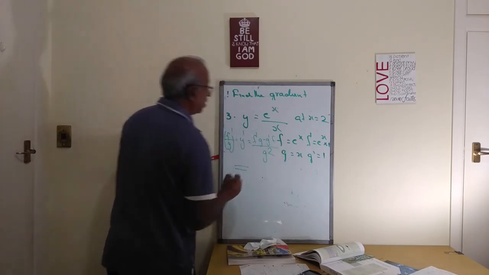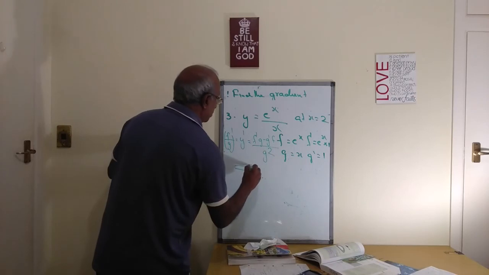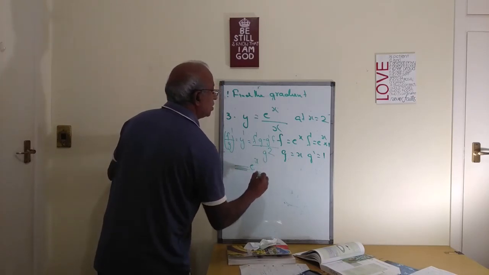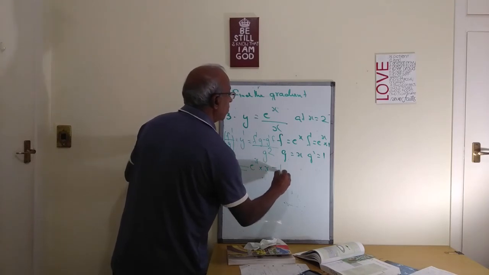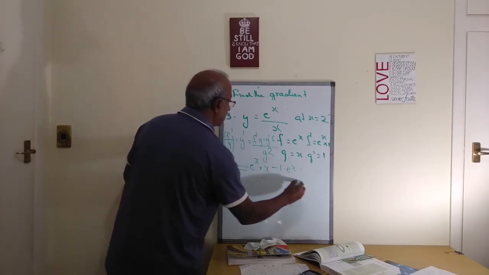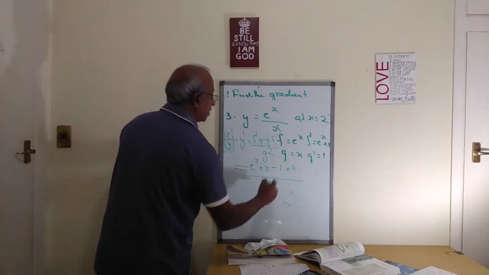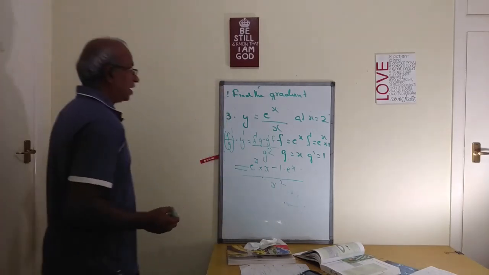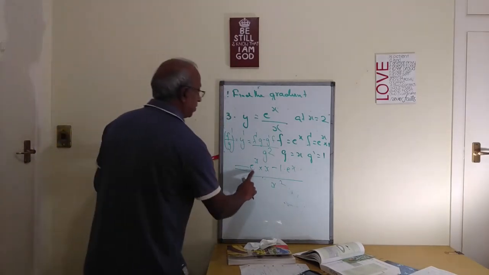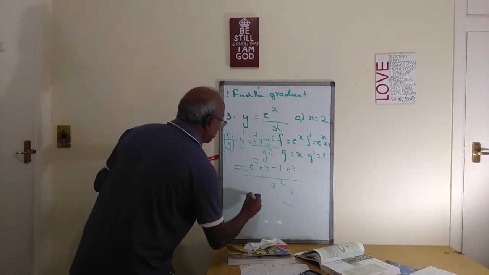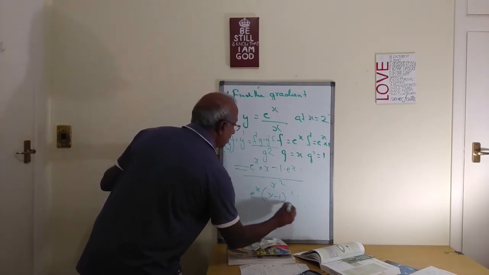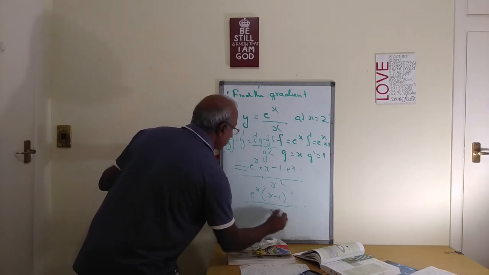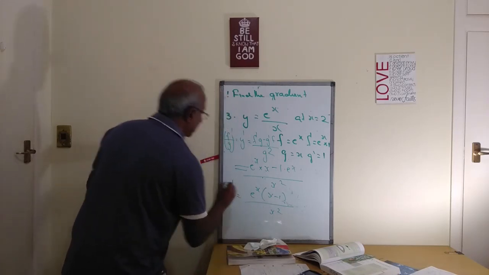Let's substitute the values. f dash is equal to e to the power x, times g which is x, minus g dash which is 1, times f which is e to the power x, divided by g squared which is x squared. Let us tidy up. When you tidy up here, take e to the power x as common, you have x minus 1 divided by x squared. That is the gradient function.